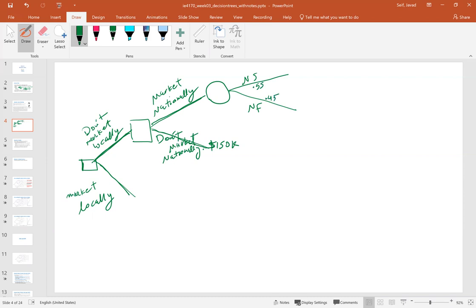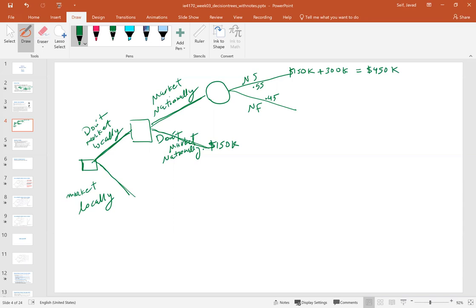So these are terminal branches. After this point, there is nothing else I can do, just like this one where I put the 150K. So national success: I had 150,000 initially, right? And I gained 300,000. So I will have a total of $450,000 here.